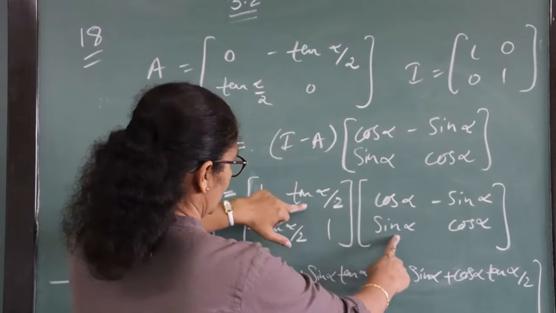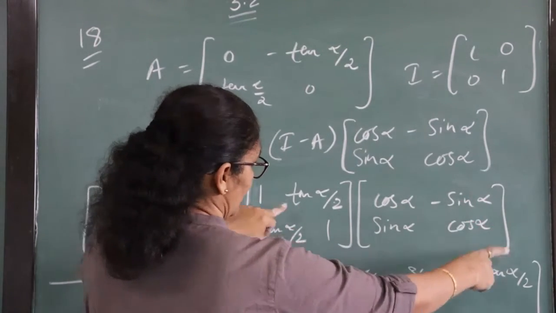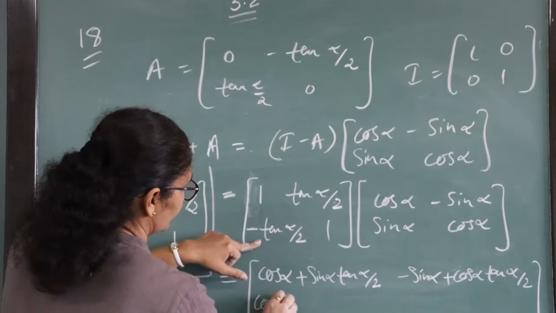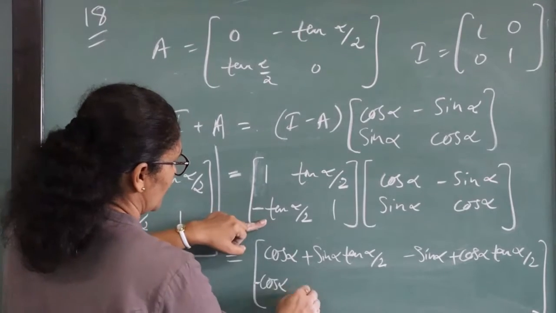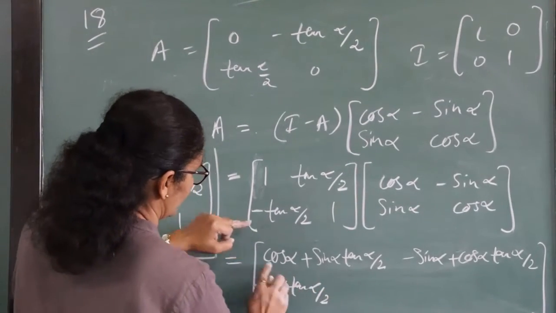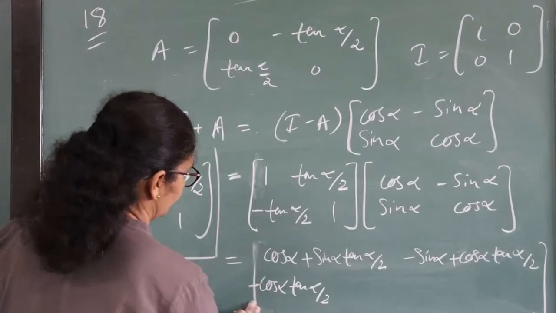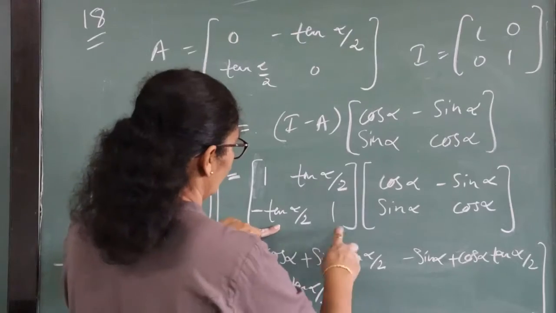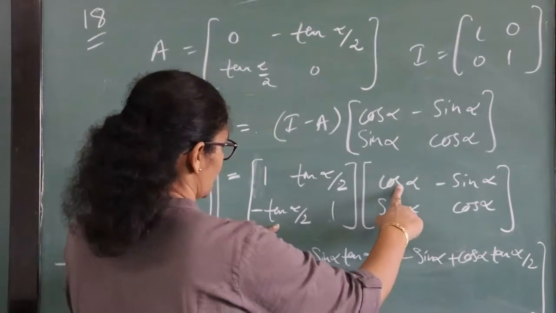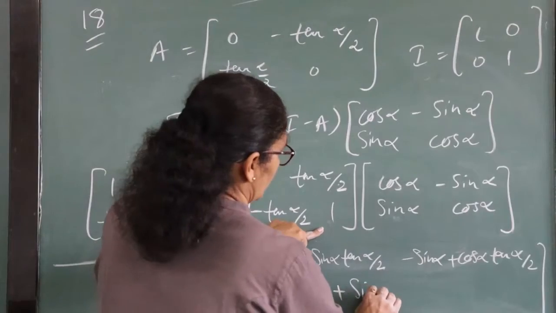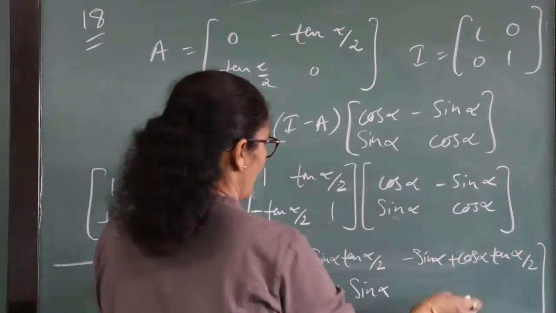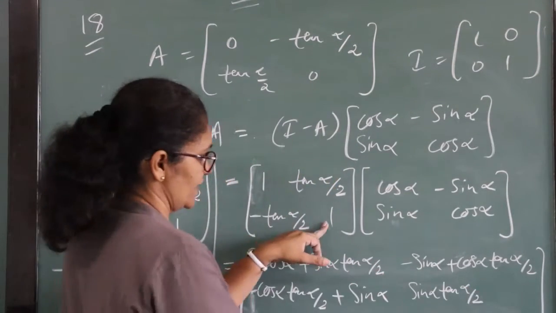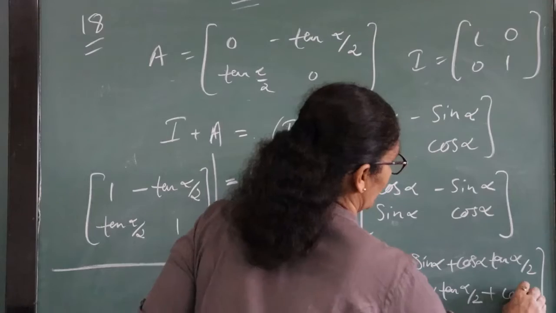Now second, cos alpha with minus tan alpha by 2 sin alpha, why minus? Because with tan alpha by 2 the sign is minus. Now similarly, plus sin alpha into tan alpha by 2, and second with plus cos alpha.